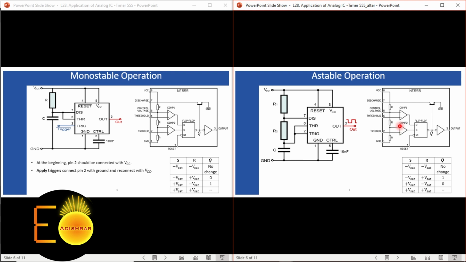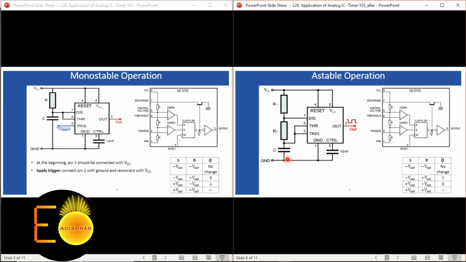We generally consider that the input impedances of the operational amplifier are so high that literally very negligible current can flow through pin number 6 and pin number 2. That's why the majority of the current should flow from the VCC through this R1 and this R2 to the capacitor C. And during that time, the capacitor will charge up.